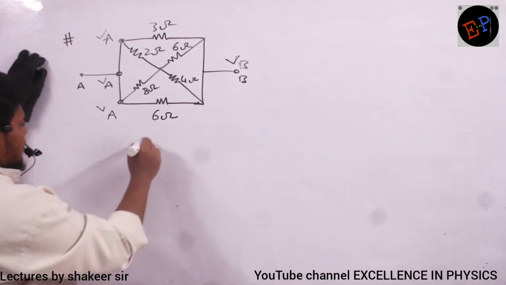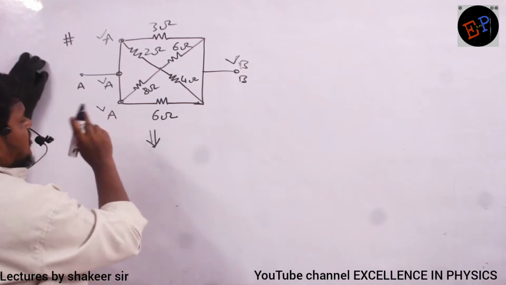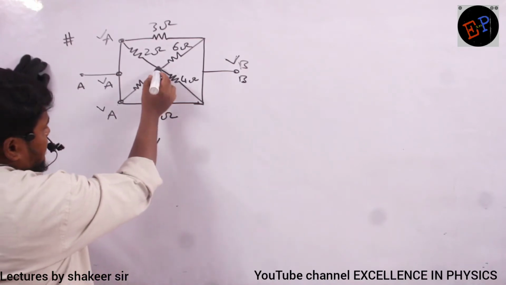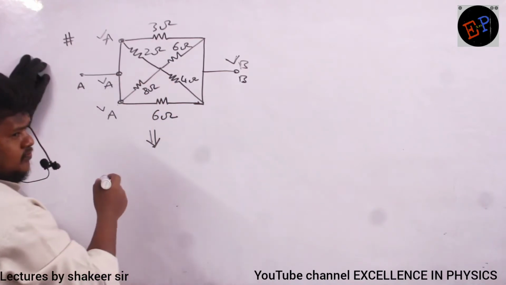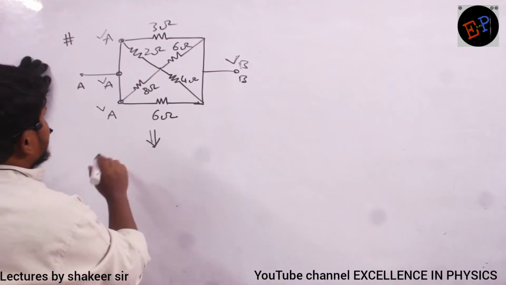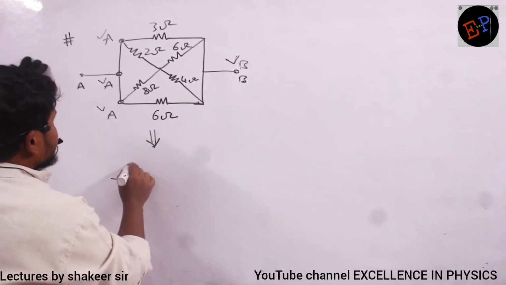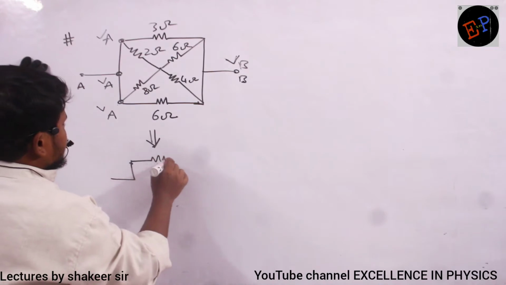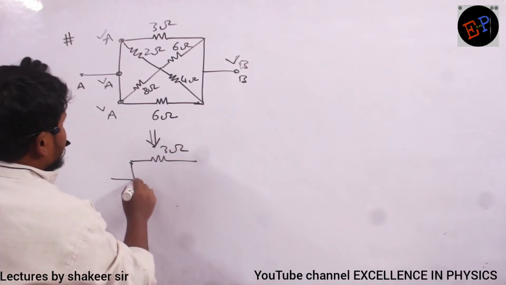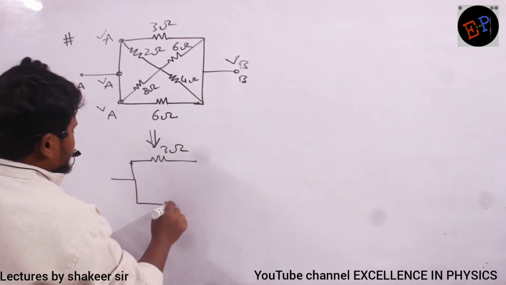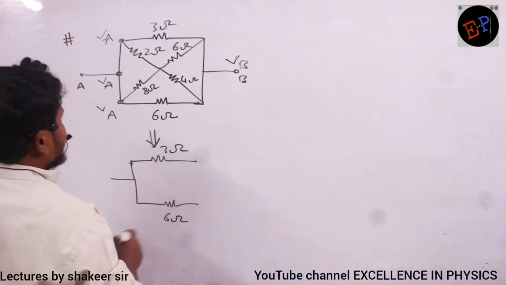And how to redraw this into a parallel connection, let us see. Now one more point we should understand is that resistors are connected here also. Clear, no? So therefore, I can redraw this circuit like this: this is the 3 ohms resistor and this is the 6 ohms resistor. Okay, ma?